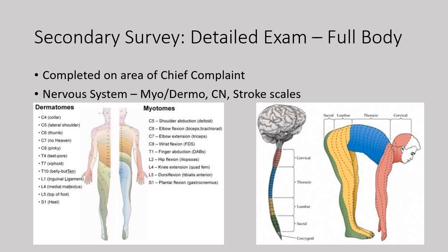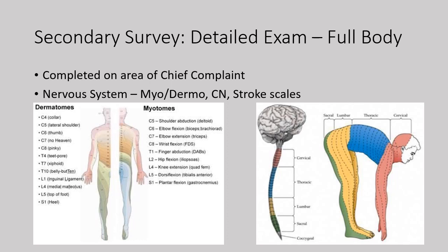With your myotomes, well, you're just going to go through some range of motions. So C5 and 6 is that bicep curl. C7 is that tricep extension. C8 is gripping or squeezing your fingers. And T1 is spreading those fingers out really wide.